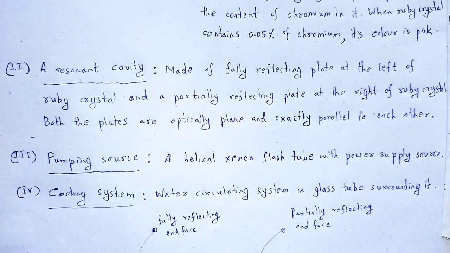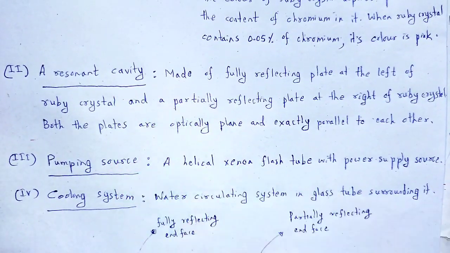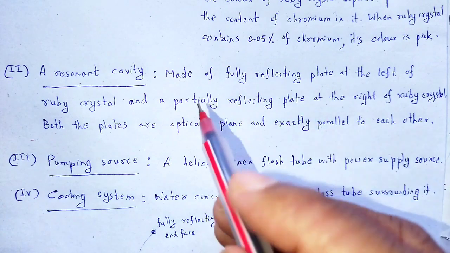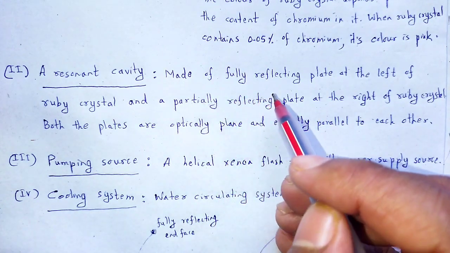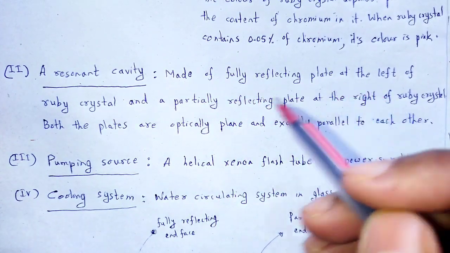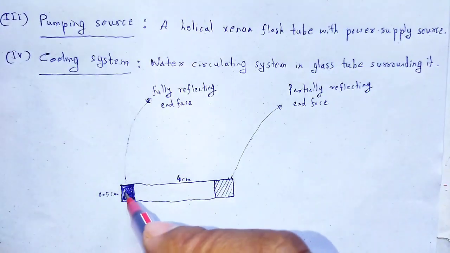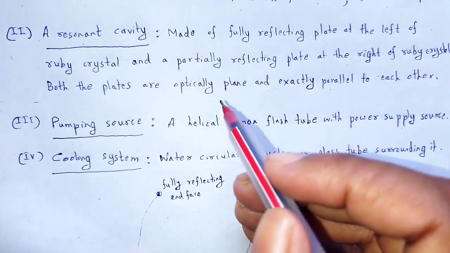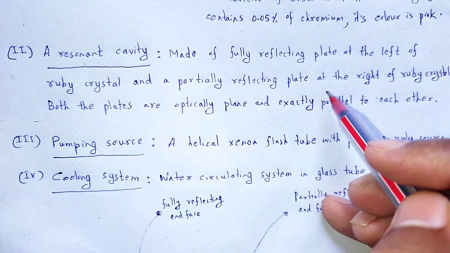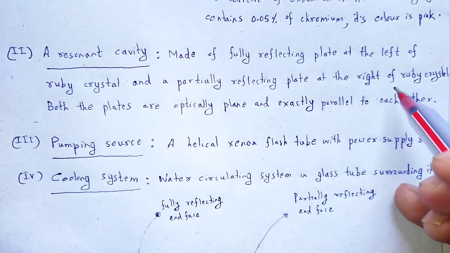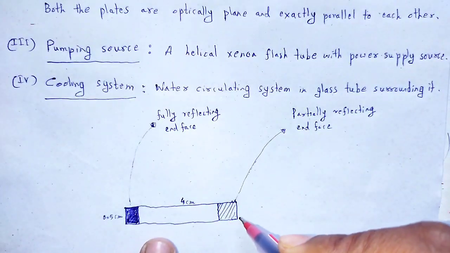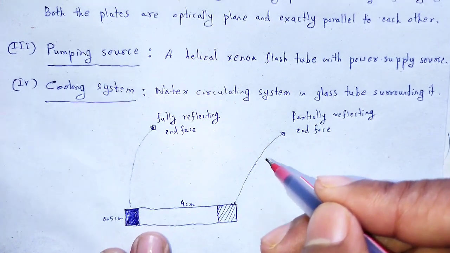Next component, a resonant cavity, that is made up of a fully reflecting plate at the left of the ruby crystal, and a partially reflecting plate at the right of the ruby crystal.